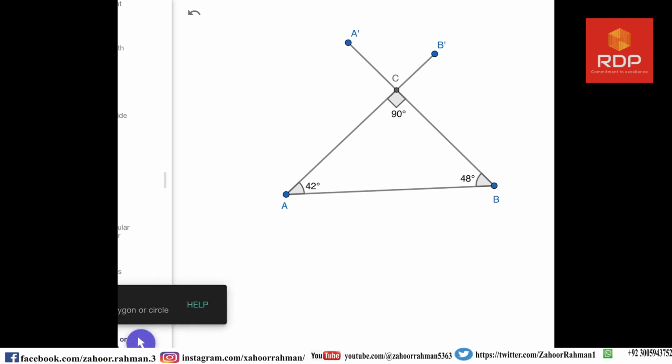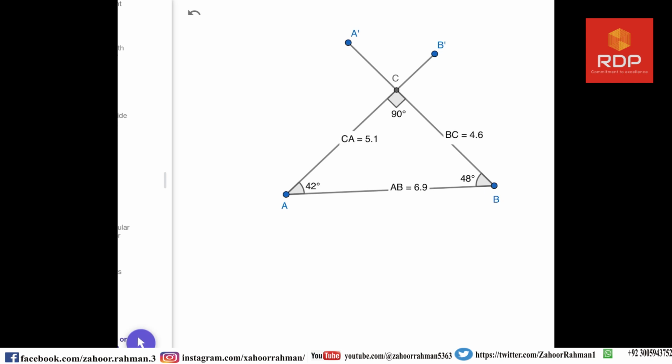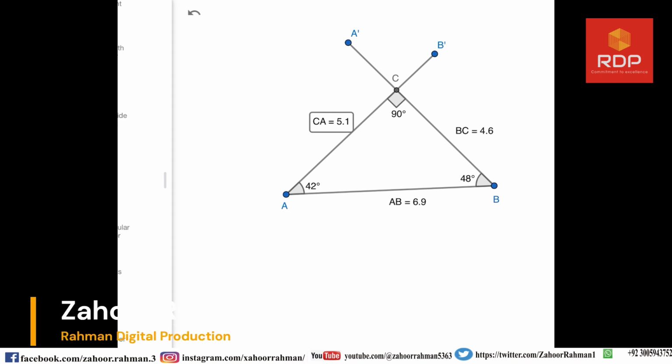Let us measure the length of these sides. The first one is 6.9, the second one is 4.6, and the third one is 5.1. As ladies and gentlemen, you can see that the first one is different from the second one, and the second one is different from the third one.